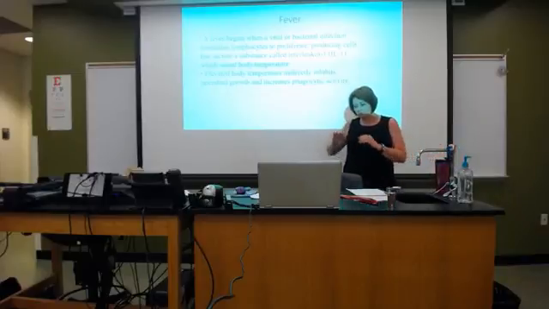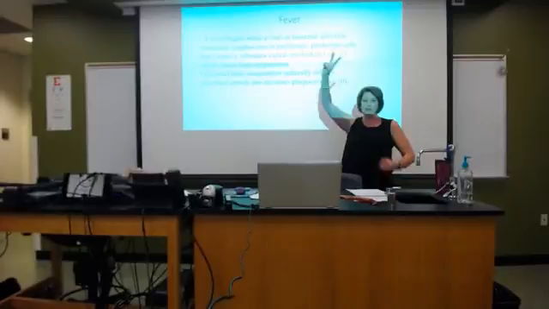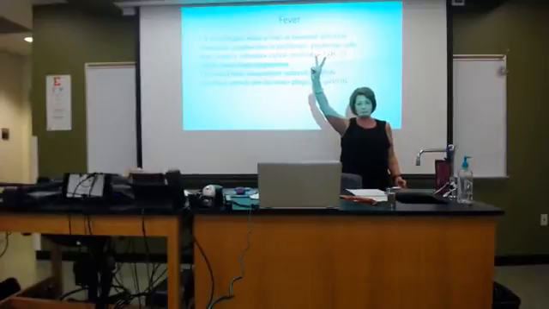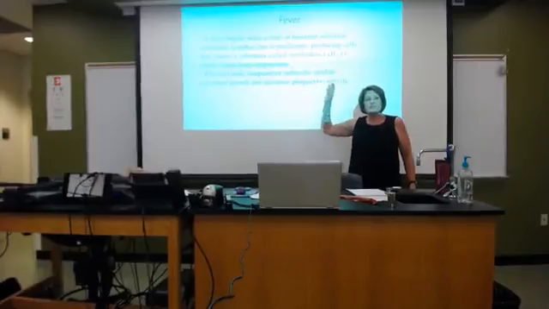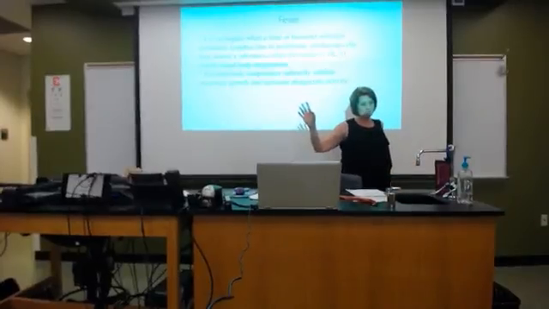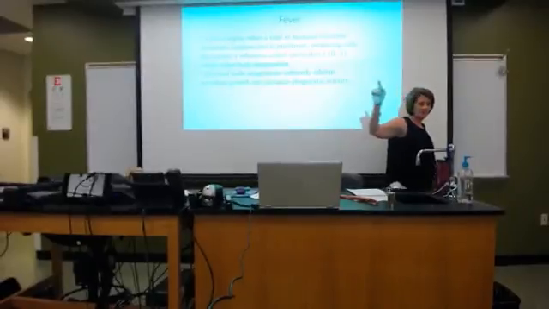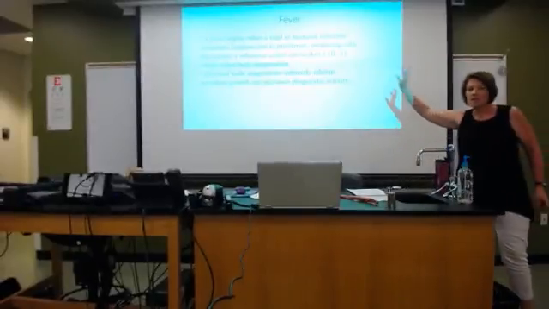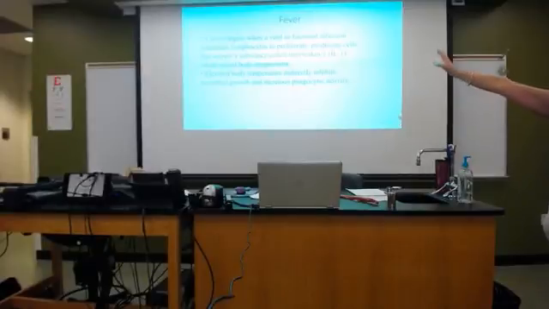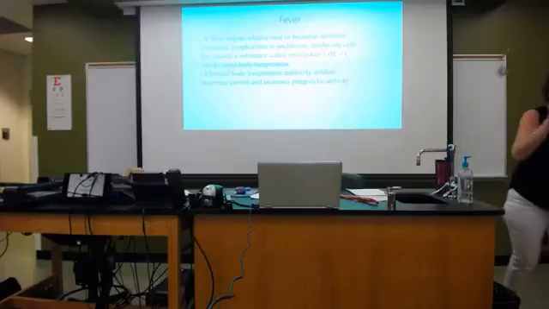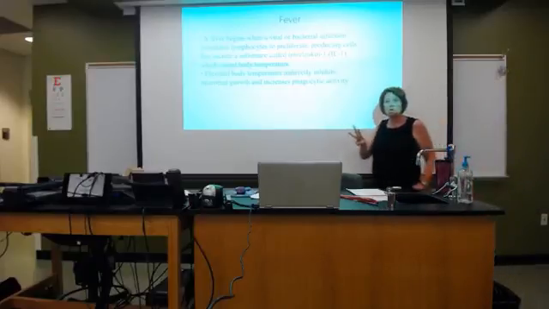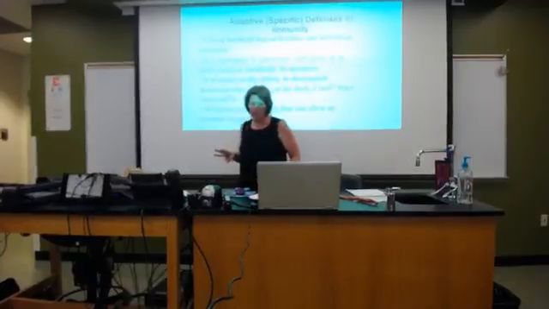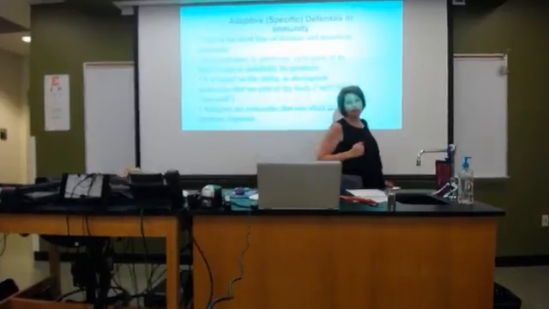So now, first and second line of defense. If a pathogen makes it past any of these defenses at this point, we now have to call on or start up the third line of defense, what we normally think about as immunity.